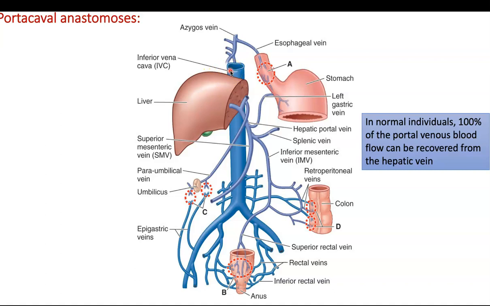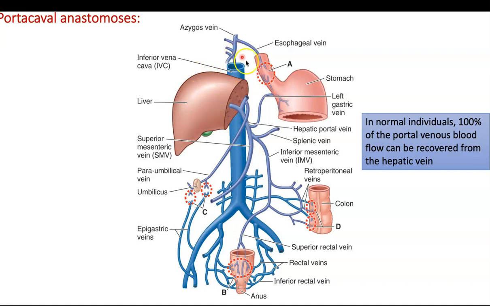But in certain areas of our body, there are anastomotic networks between the tributaries to the portal vein and tributaries to the systemic vein. When we say systemic vein, eventually all the blood goes to the systemic veins, but the portal vein tributaries initially drain into the portal vein, travel through the liver, and then eventually drain into the vena cava.